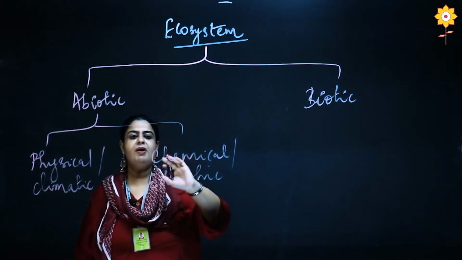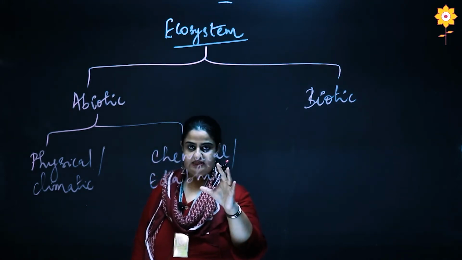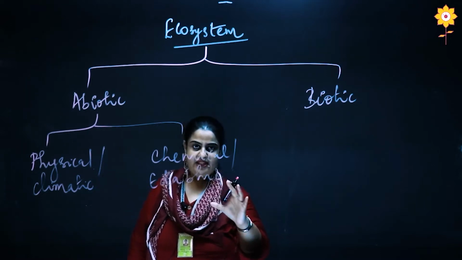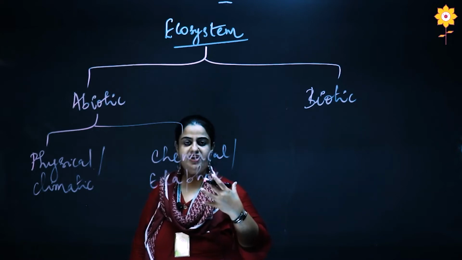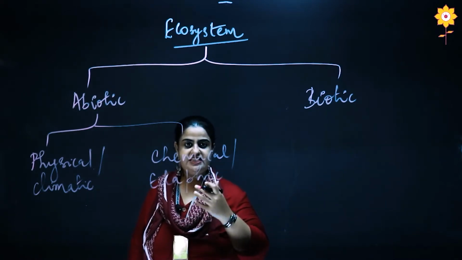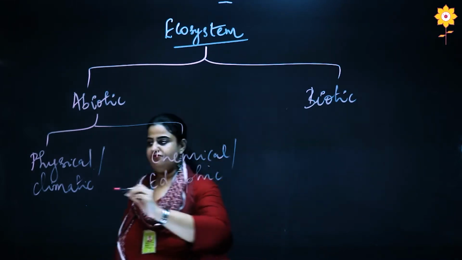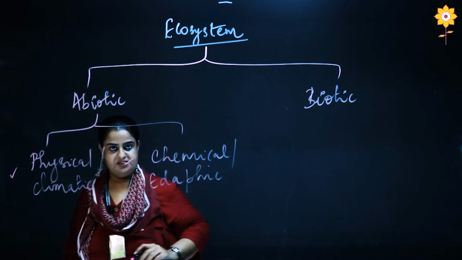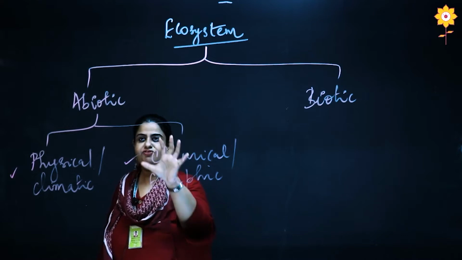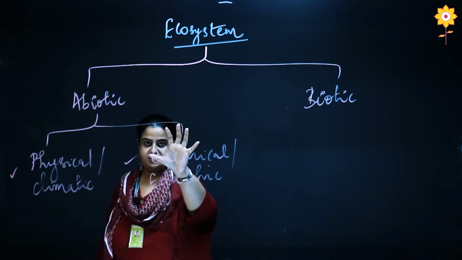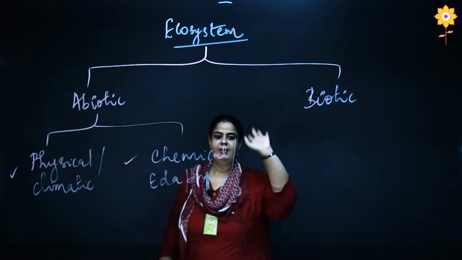Now when I discuss chemical components or edaphic factors, this particular factor deals with pH, minerals, various types of ion concentrations, and various chemical compounds that are seen in soil and other parts of abiotic components. Okay, so the physical factors and the chemical factors, when both these factors coexist, they combinedly form abiotic components of ecosystem. These abiotic components in turn form the basis of living for biotic components.